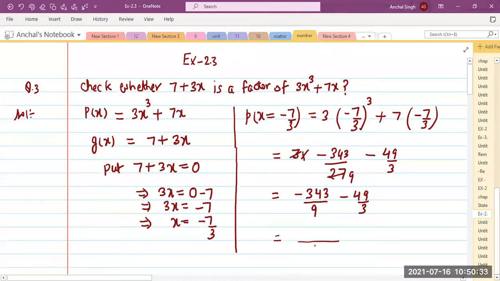So I am writing minus 343 and minus, then I'm writing 49 into 3, since 3 threes are 9, so 49 into 3. Correct?